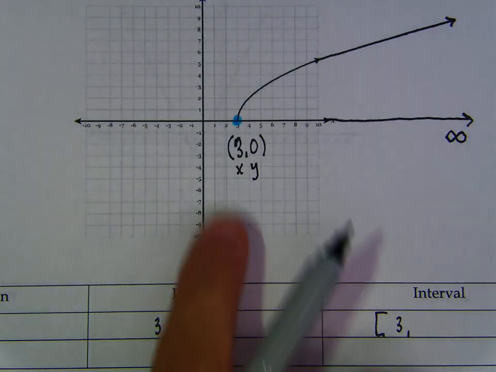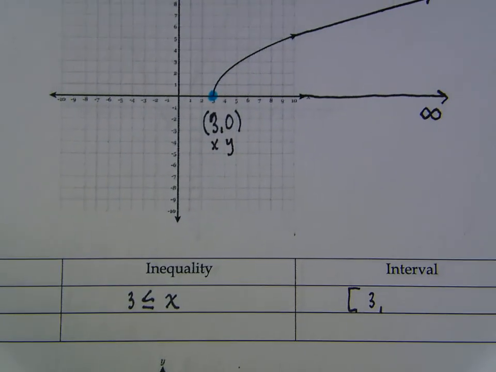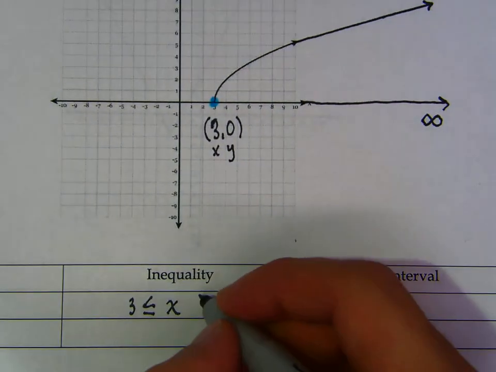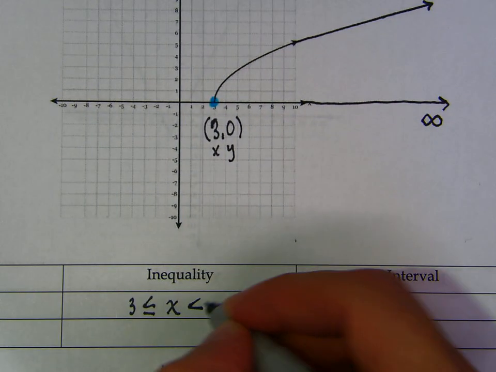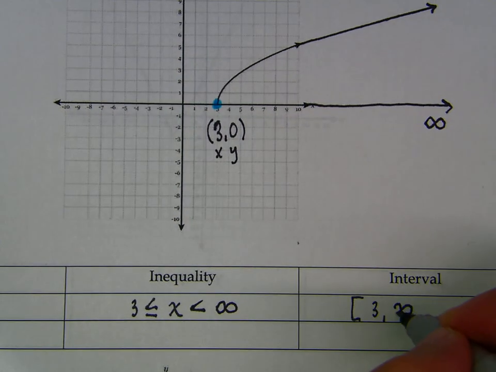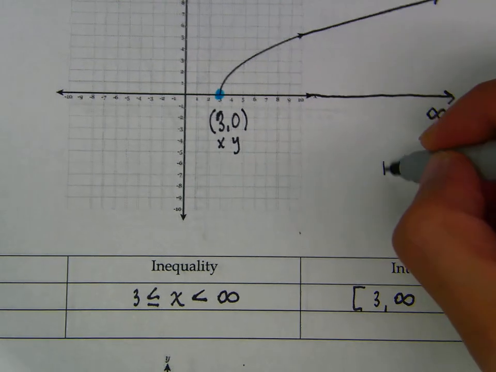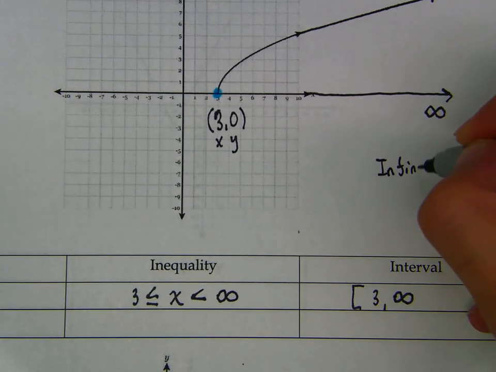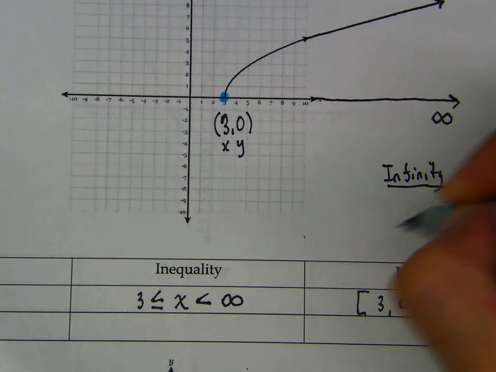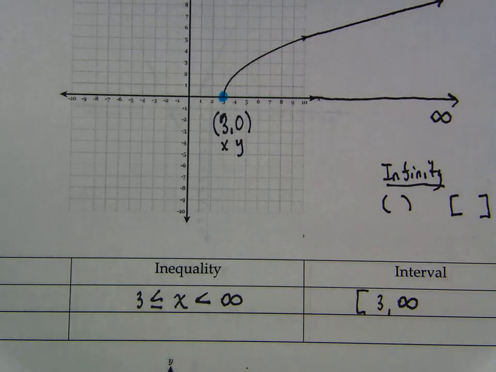I could keep extending this towards infinity. So then how do you think I should do it? Right? How do you think I should do it? Well, first I have to put something like this. Then I have to do something like this. But then the big question for infinity, how should I show it? Should I show it with parentheses or should I show it with brackets?